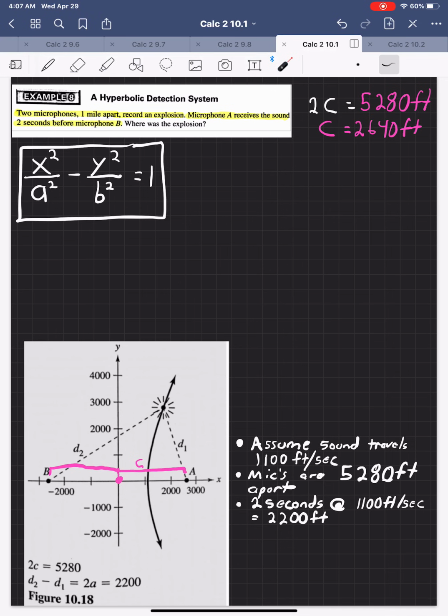So, in other words, we know that 2a, or let's just say a is the distance from center to vertex, and then 2a would be the distance from what? Let me draw this other hyperbolic branch that we're not going to use. Let me just see if I'll do my best here.